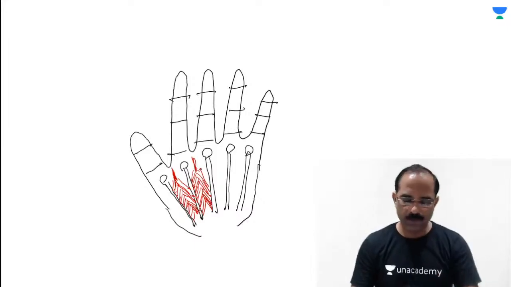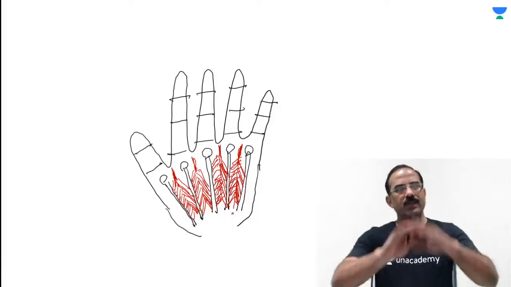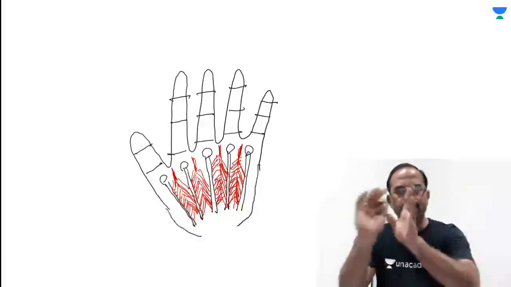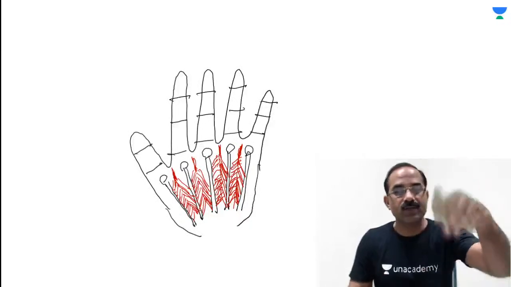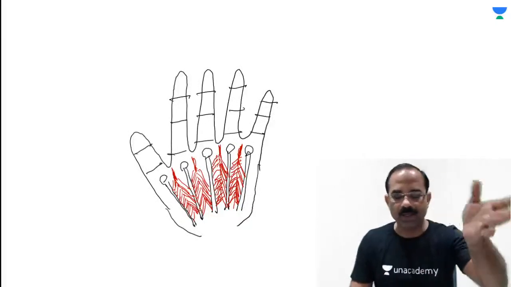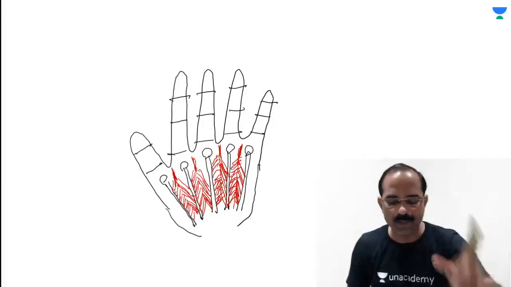The third dorsal interossei arises from the medial aspect of the third and the lateral aspect of the fourth metacarpal bone, and the fourth dorsal interossei arises from the medial aspect of the fourth and the lateral aspect of the fifth metacarpal bone, like this. So they arise from two bones. So the dorsal interossei are said to be bipinnate muscles.